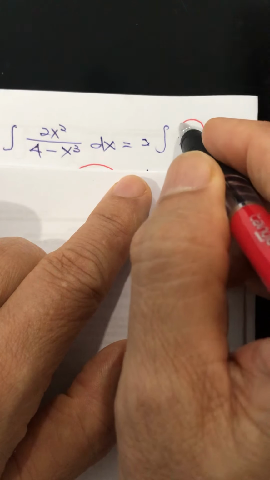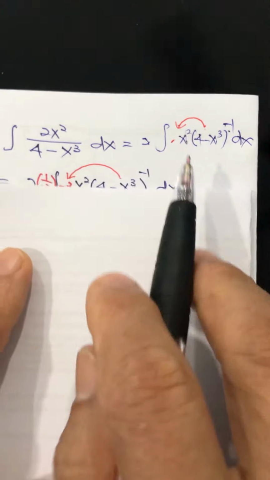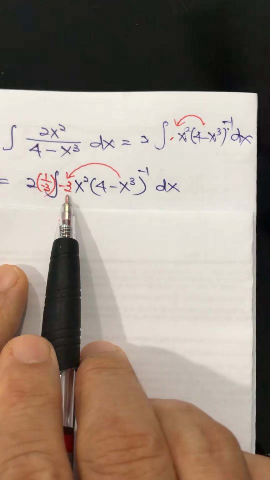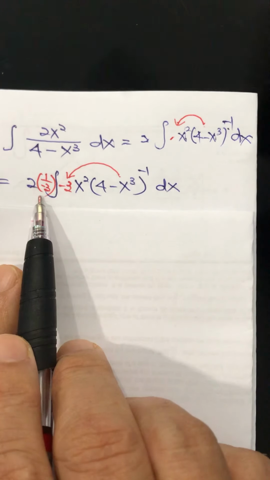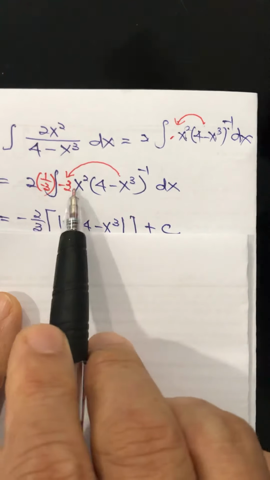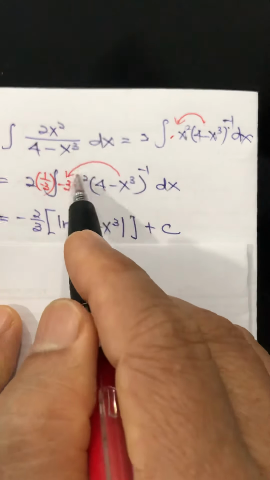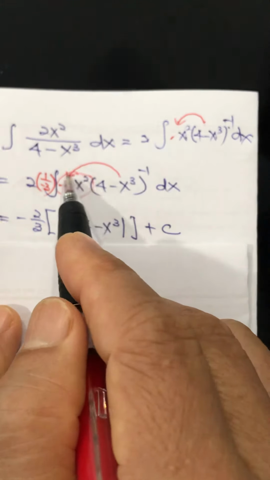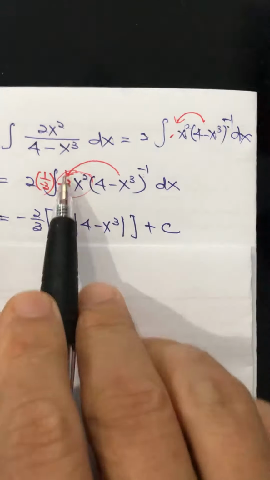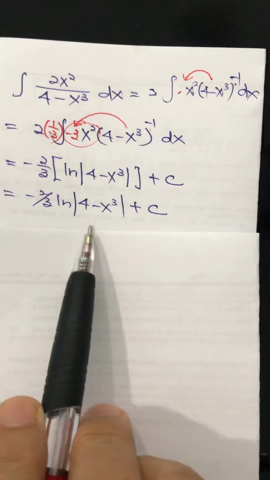That means you have to differentiate the bracket. You must have negative 3. That's why we have something like this, negative 3, and then you divide by negative 3. So this one you divide, you get negative 2 over 3, and then the negative 1 can become ln because of the presence of this. With this, then you can change to ln. Without this, you cannot change. That is the technique of integration. Then after that, you simplify, you get this.